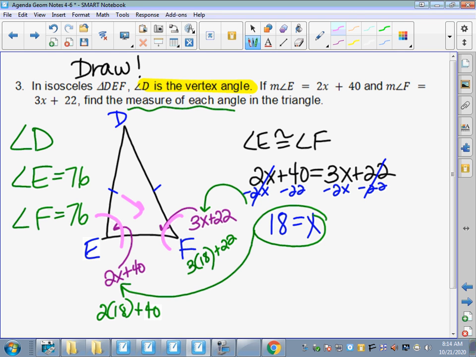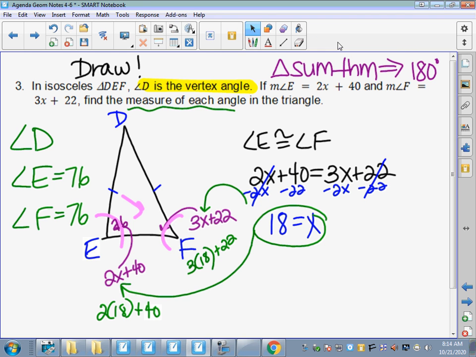So now how are you going to find out angle D? We don't have anything else about angle D, but we know that old-fashioned triangle sum theorem. What do the 3 angles of a triangle add up to? 180 degrees. So if I know that I've got 76 here, 76 here, let me write that in there.